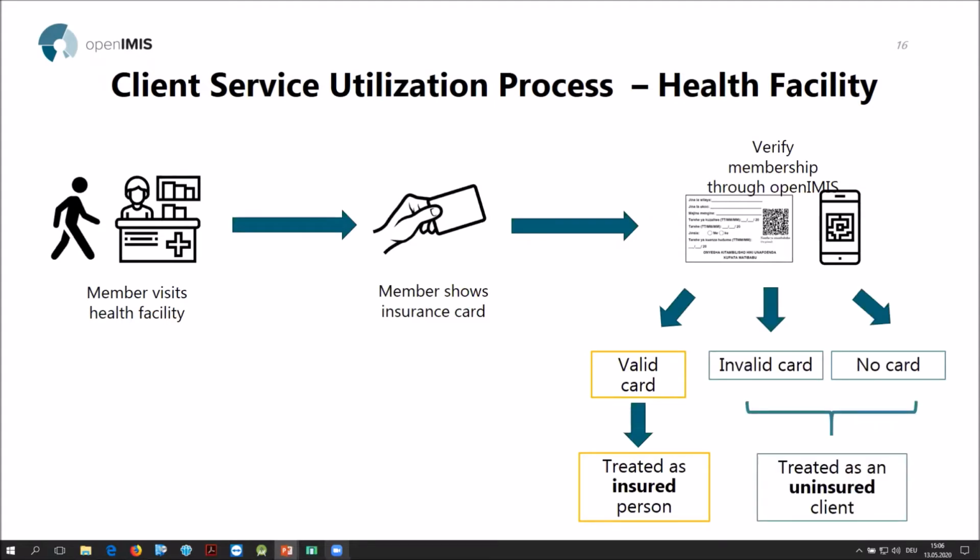If all details are correct, it's a valid card, an active policy, and the services are covered, then the person is treated as an insured person, and in other cases not. So the function of openIMIS in this whole process is enabling, through this card, the information of that individual to be retrieved and verified.